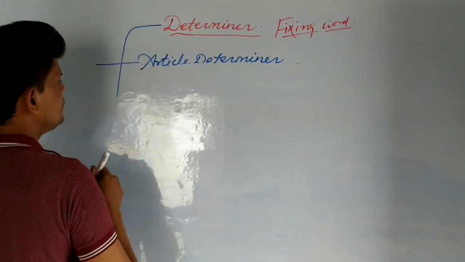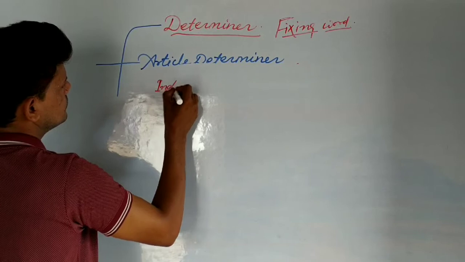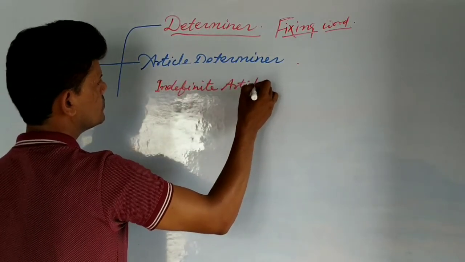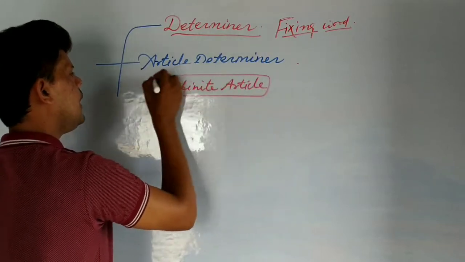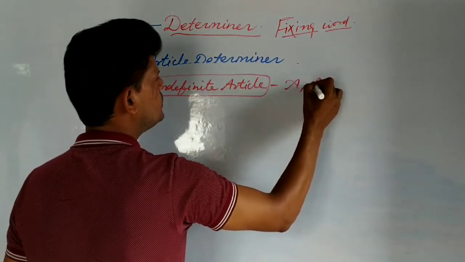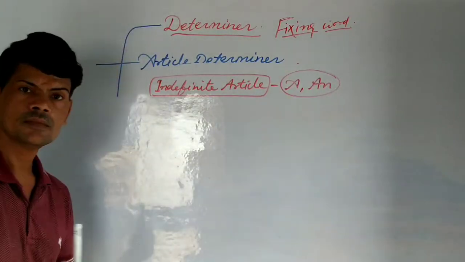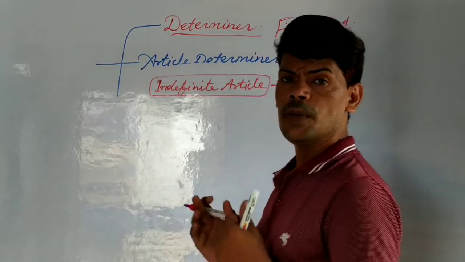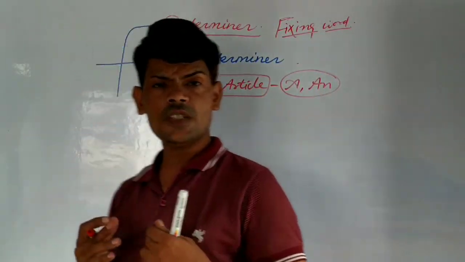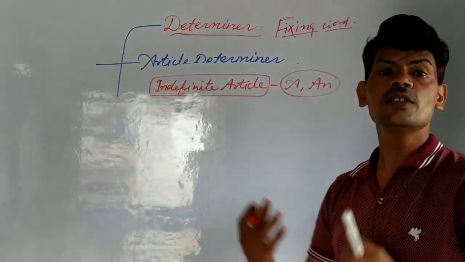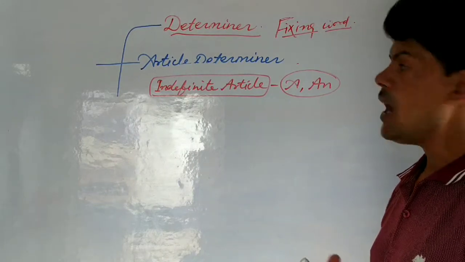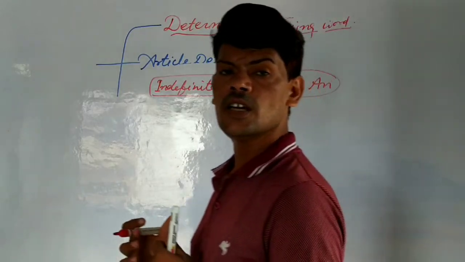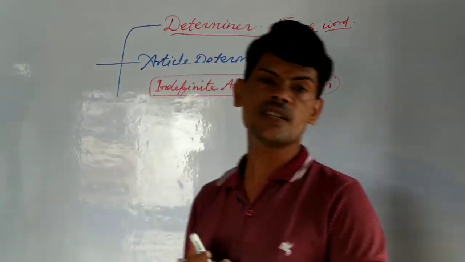Indefinite article, a and an. Dear students, a is always used before the words which begin with consonant sound, and an is always used before the words which begin with vowel sound.